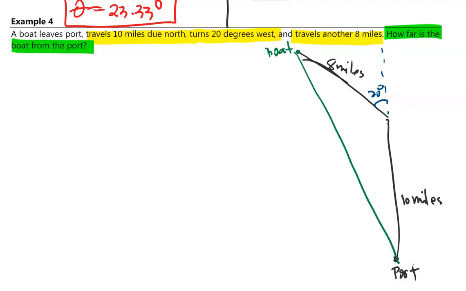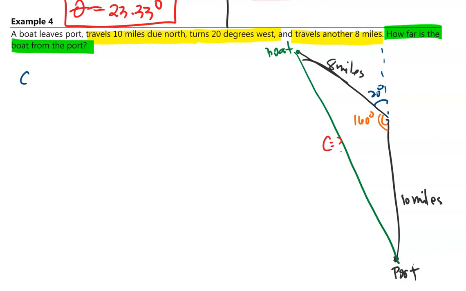If this is 20 degrees, we can say that this angle is 180 minus 20, which is 160 degrees. We want how far the boat is from the port, so this. We can use the law of cosines.